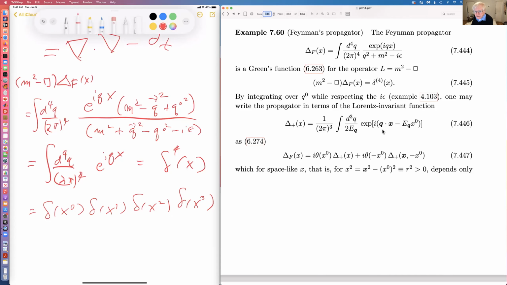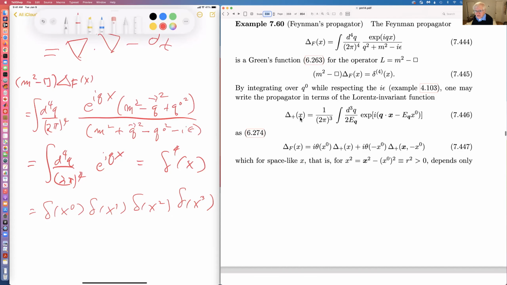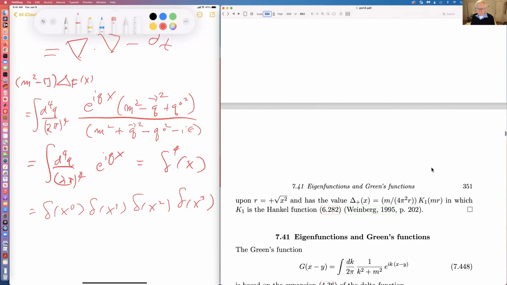So what actually is this? Well, to figure this out, we have to rewrite this in terms of things that are a little bit simpler.